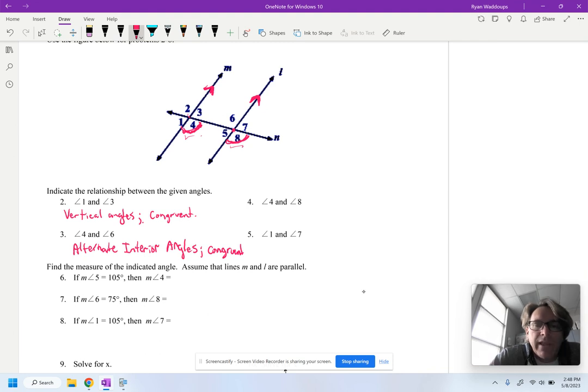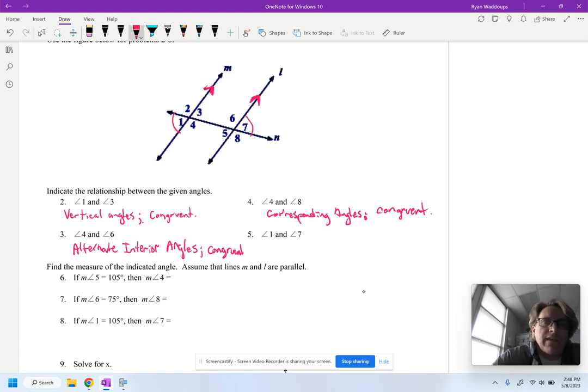So angle 4 and angle 8 are corresponding angles. And once again, assuming that the lines that form them are parallel, we can also say that these are congruent. And then finally here we got angle 1 and angle 7. So 1 and 7.